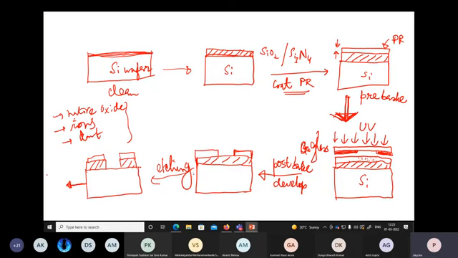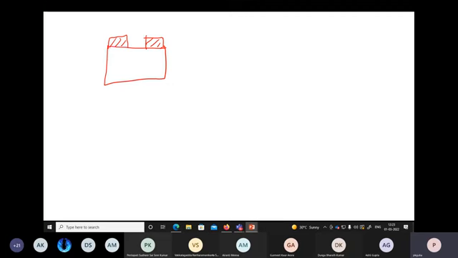Then you etch the oxide from this part of the substrate, because the other part is protected by the resist. So you remove the oxide, you end up with this structure, and then you remove the photoresist. That is called stripping. This technique is called stripping. So you strip out the photoresist and you end up with a structure like this.